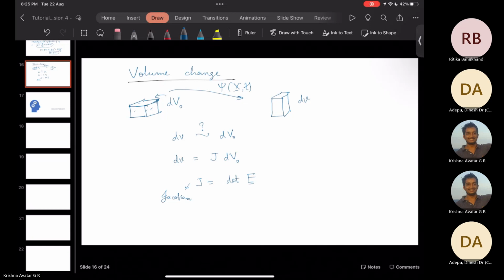It's just the determinant of F. So when you undergo deformation, you determine the deformation gradient, take its determinant, multiply with the original volume element, and then you get the volume element in the deformed configuration. Now there are some terminologies here. When do you say that a material is incompressible?